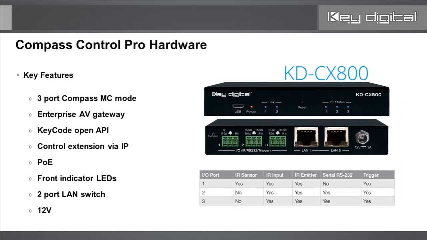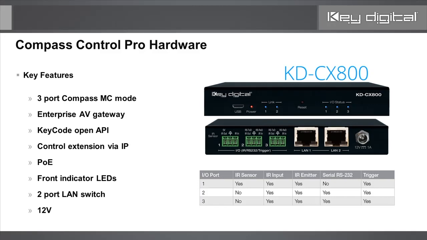And we also have the CX800, which is a smaller controller that is becoming more and more popular because with Compass Control, as we've mentioned, IP devices are just controlled directly from the iPad. Now you always need at least one controller in the system, whether it's an MC1000, CX800, or one of our native master controllers.